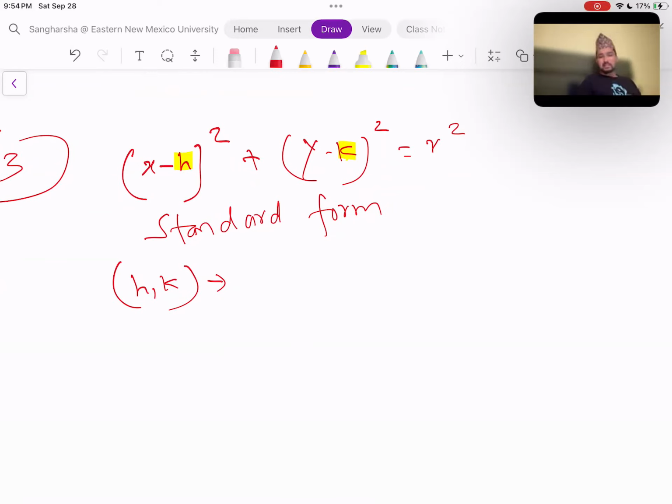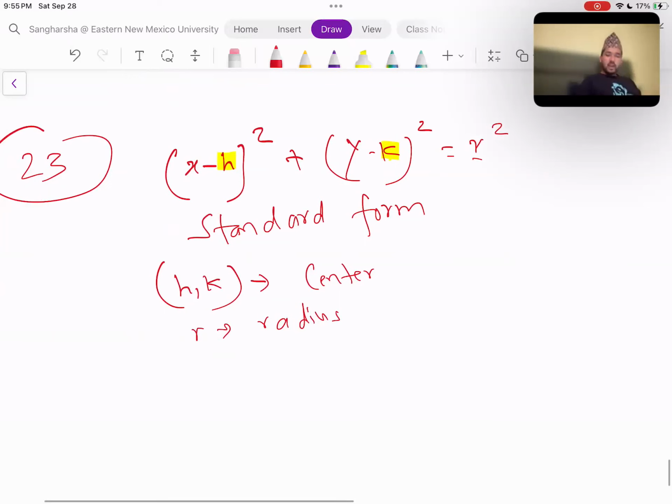Any guess? (h, k) is the position, the coordinate of the center of the circle. Yes, right. So this is the center of the circle, and r is the radius. You all know this one.